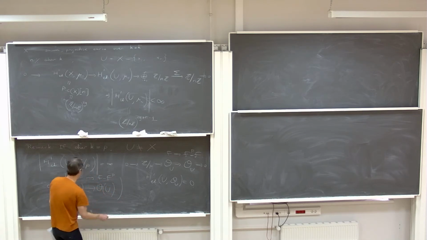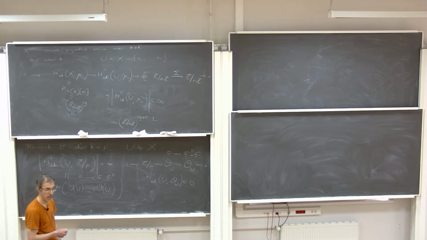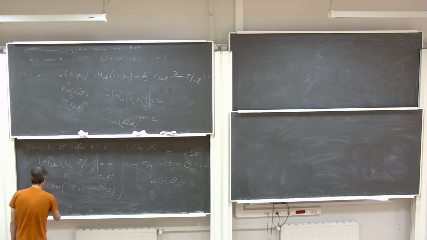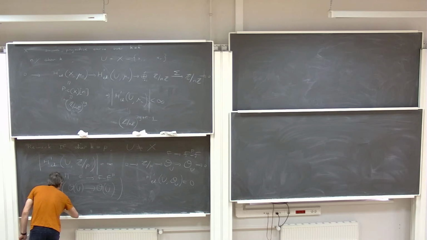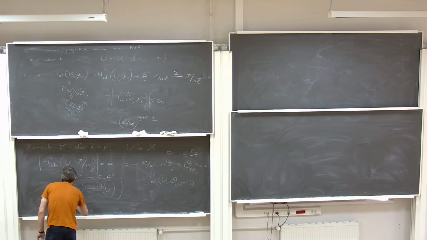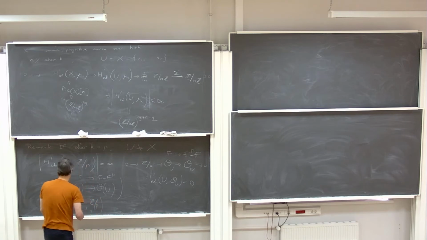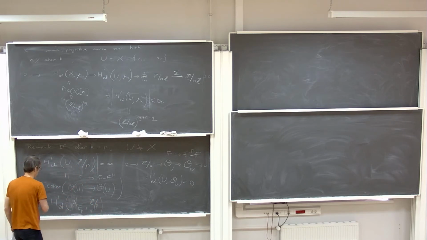Okay. Right? So, for example, H1 étale of U equals A1 over F_p bar with Z mod pZ coefficients is actually an infinite dimensional vector space.